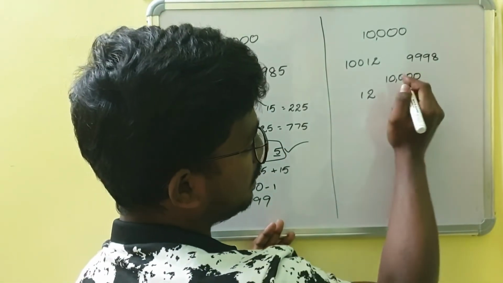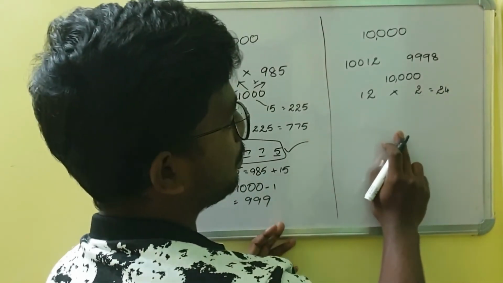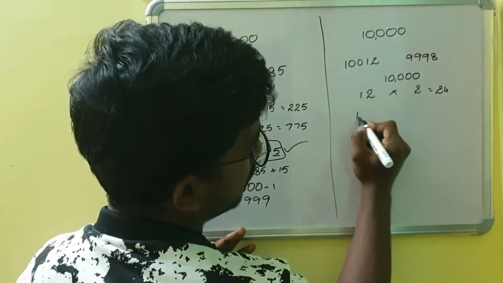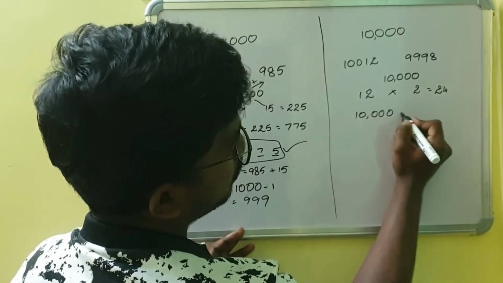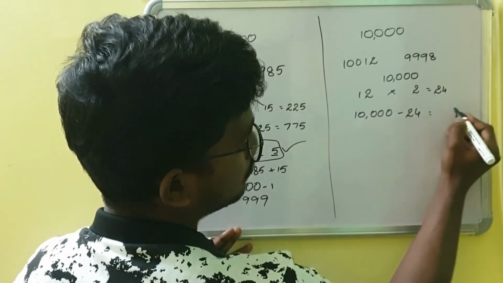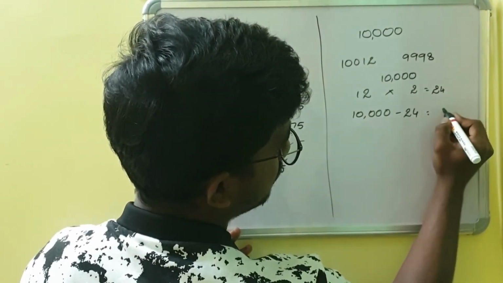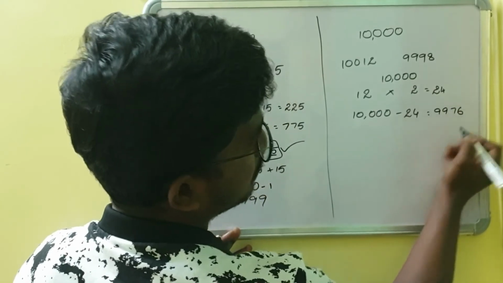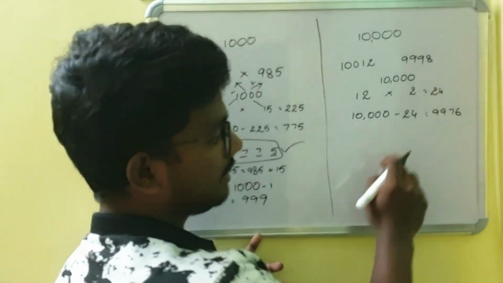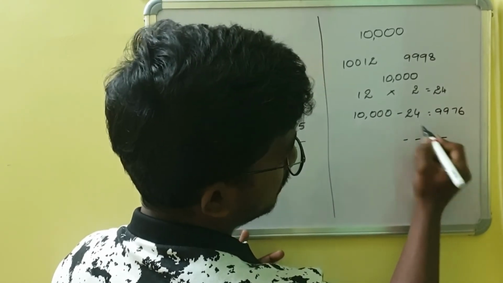After obtaining the differences, we have to multiply both of them and subtract the result from 10,000. 10,000 minus 24 is nothing but 9976. So our last 4 digits are 9976.